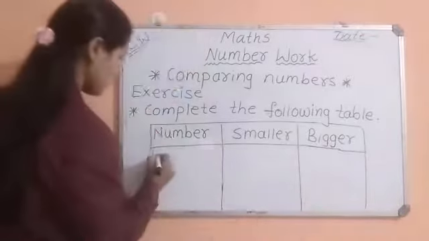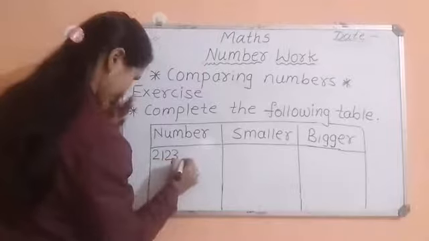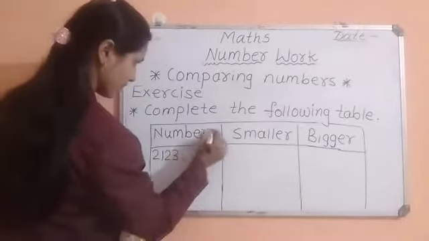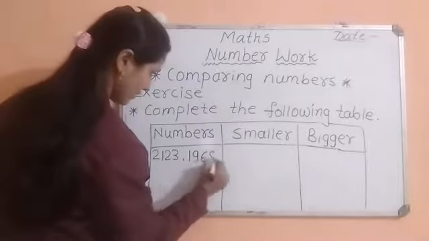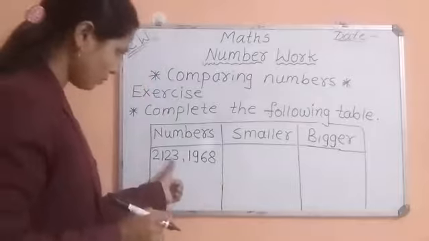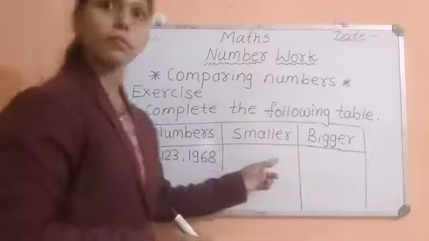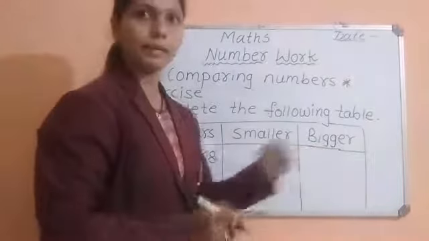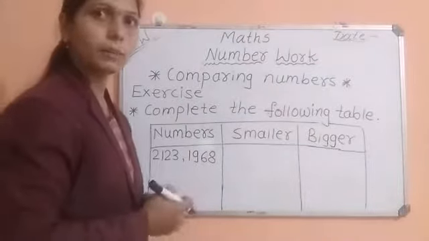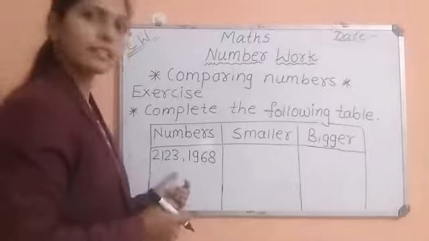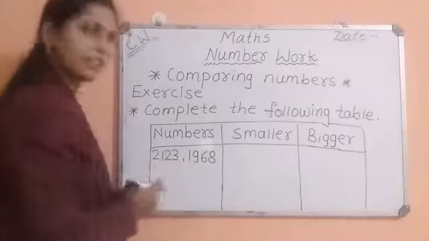Now the numbers are there, 2123 and 1968. Now these two numbers are given. From these numbers we have to write the smaller number and the bigger number. Now tell me, which one is the smaller number and which one is the bigger number? Yes, 2123 is the smaller number.